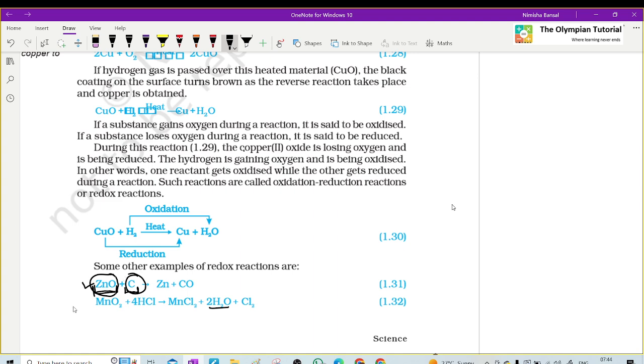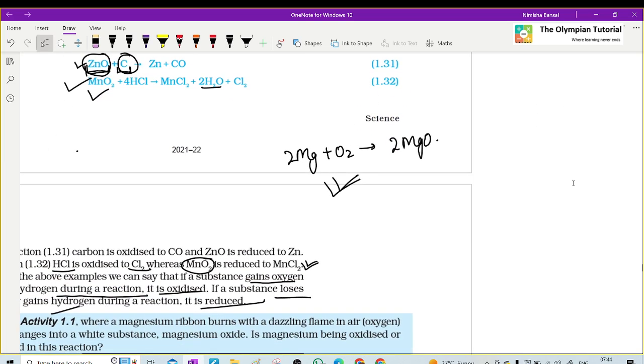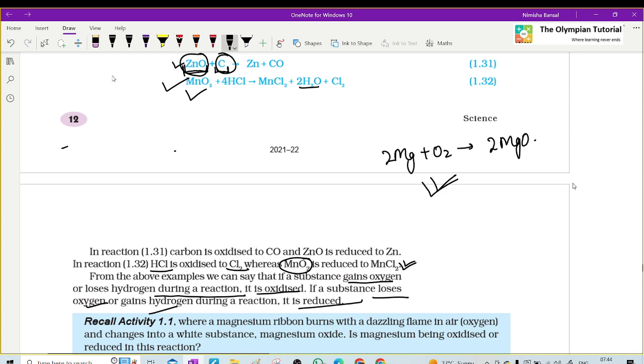Now next, MnO2 plus 4HCl gives MnCl2 plus 2H2O. MnO2 is being reduced, and hydrogen is being oxidized. We have to give explanation also.